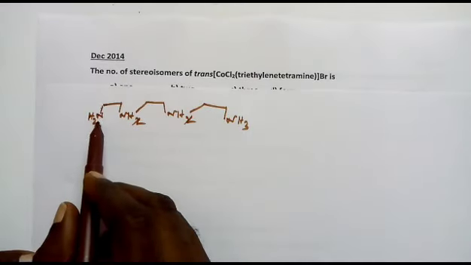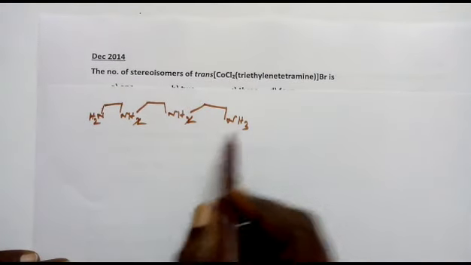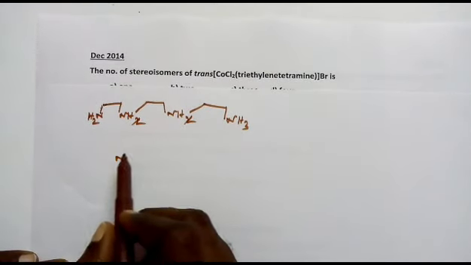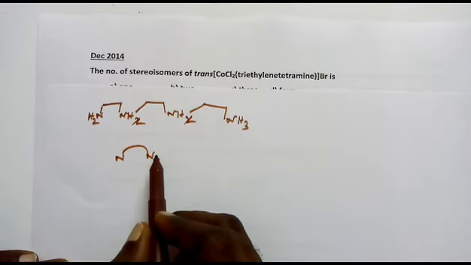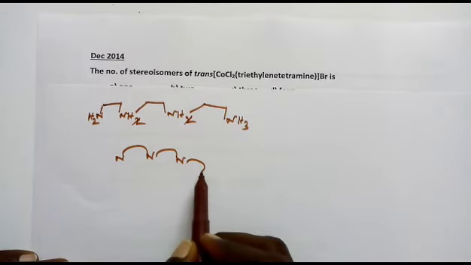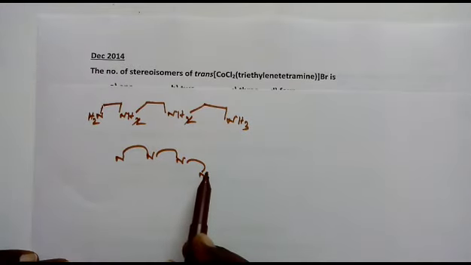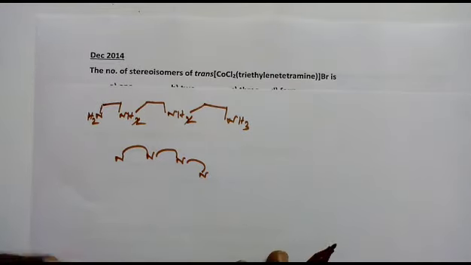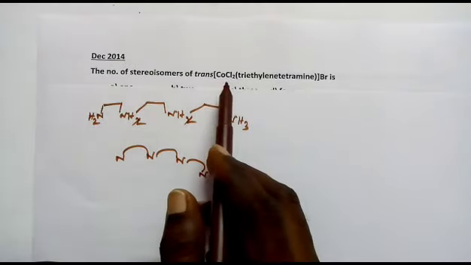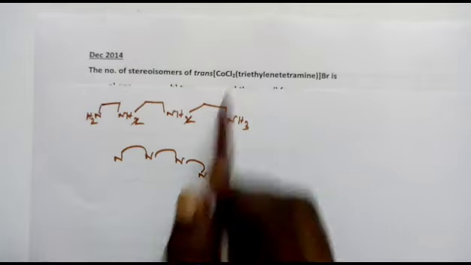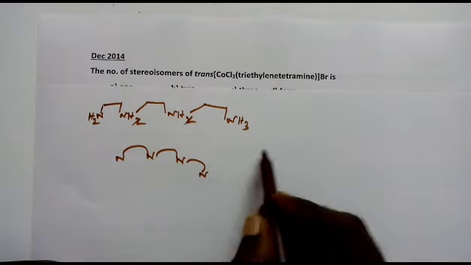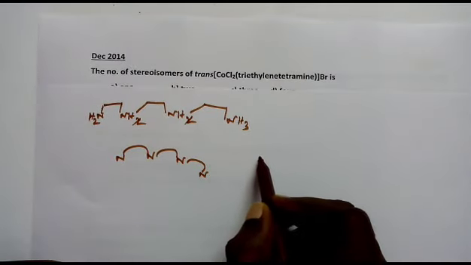So that means 1, 2, 3, 4 nitrogens. N connected by N, connected by another N, and connected by one more N. So it is a tetradentate ligand. So the complex is trans triethylene tetramine dichlorocobalt.